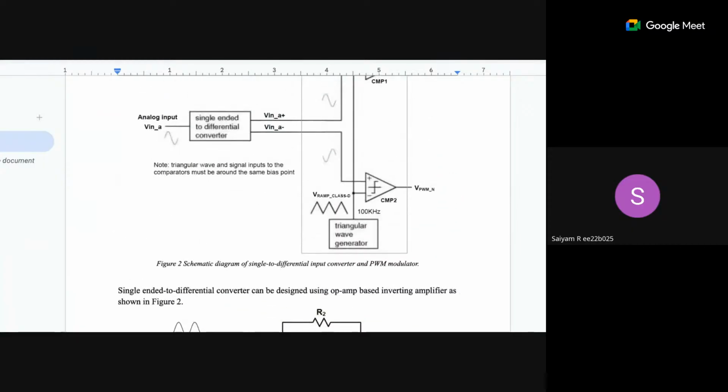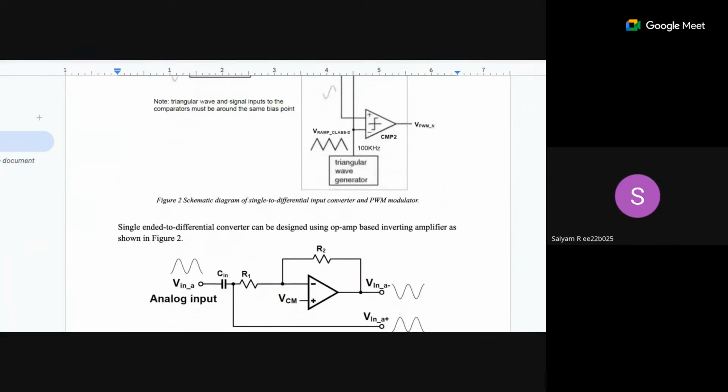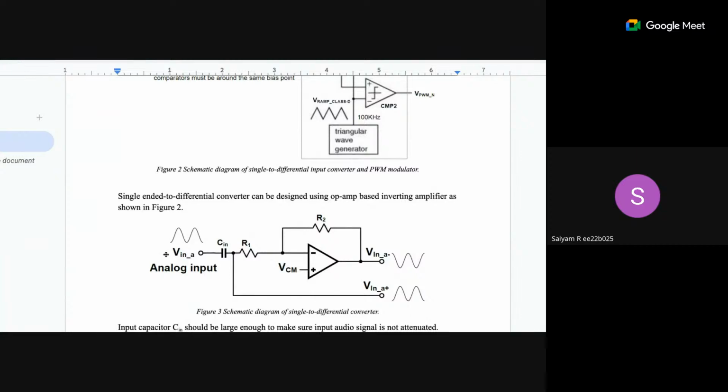Here you will have a zero common mode input signal. This capacitor, even if the signal has some other DC value, gets rid of that DC value and makes it zero, and then you set the common mode with this VCM. So that is one goal.